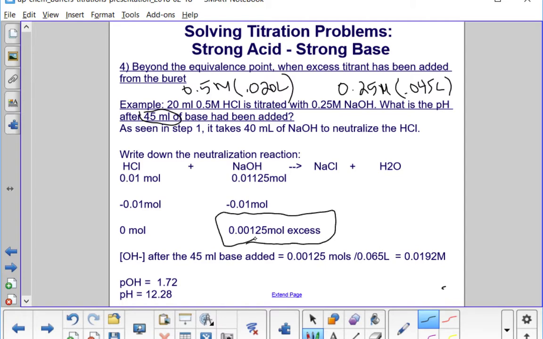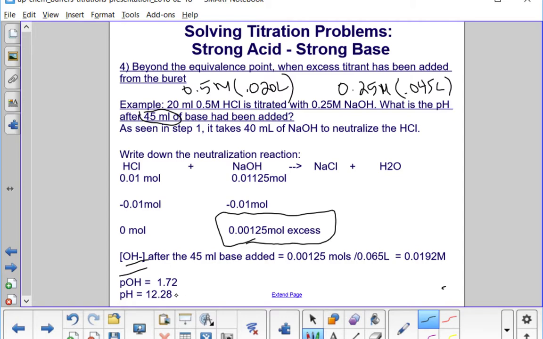We can find the concentration of that: 0.00125 moles in 65 milliliters. 45 plus 20 is 65 milliliters, or 0.065 liters, and we get a concentration of 0.0192 molar. This is the concentration of hydroxide. We take the negative log of that, which gives us a pOH of 1.72. Subtract that from 14 and we get a pH of 12.28.